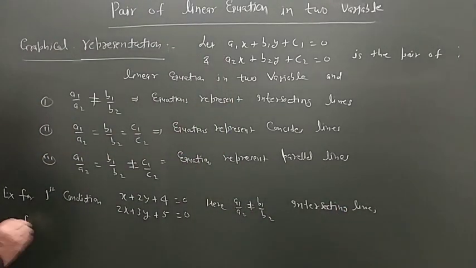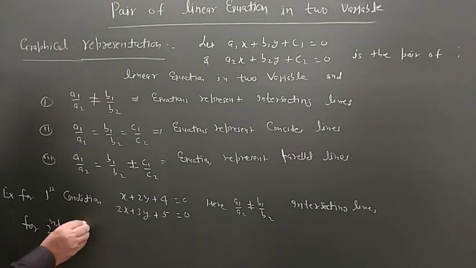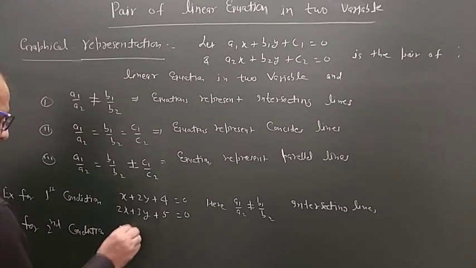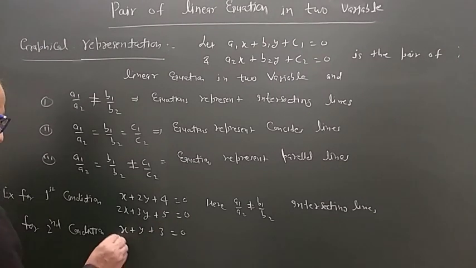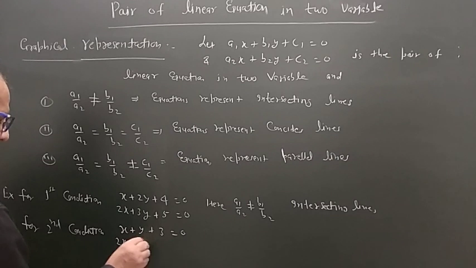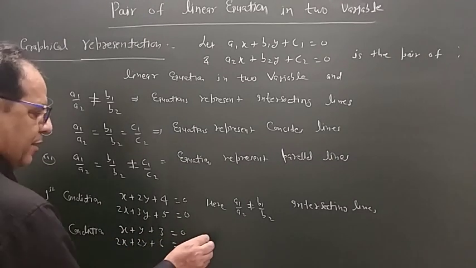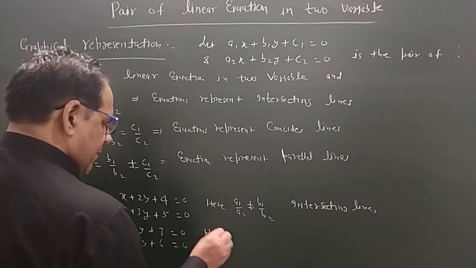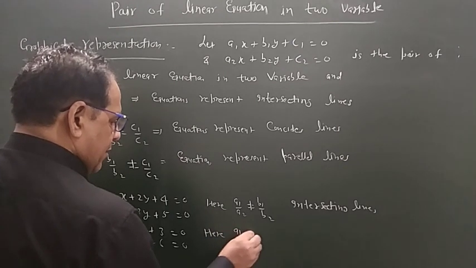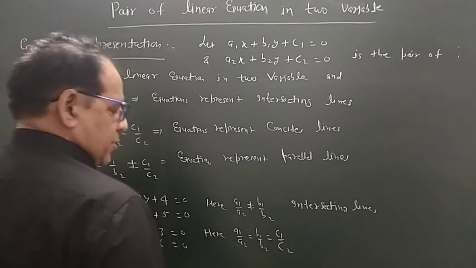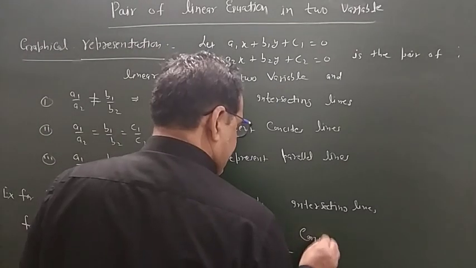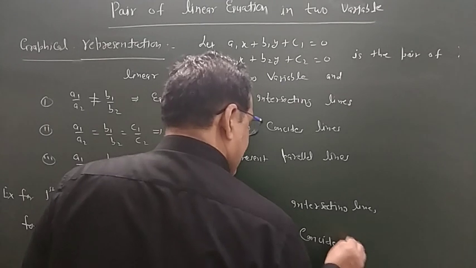For the second condition, x plus y plus 3 equal to 0 and 2x plus 2y plus 6 equal to 0. Here a1 upon a2 equal to b1 upon b2 equal to c1 upon c2. Coincident lines.